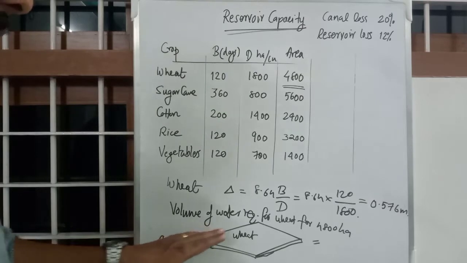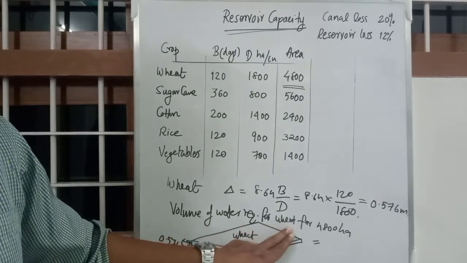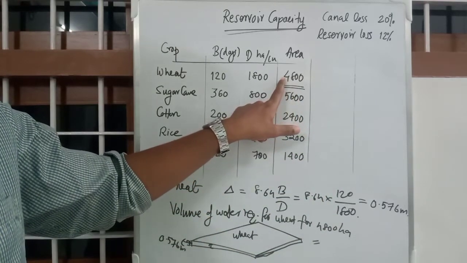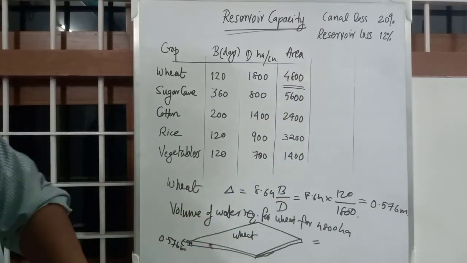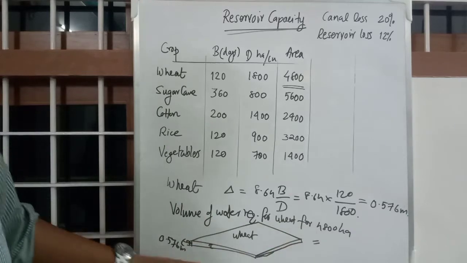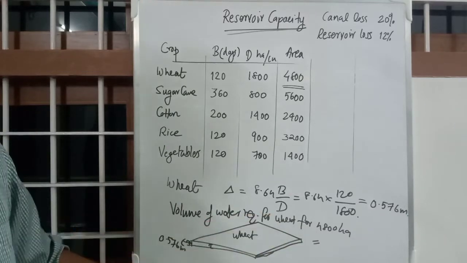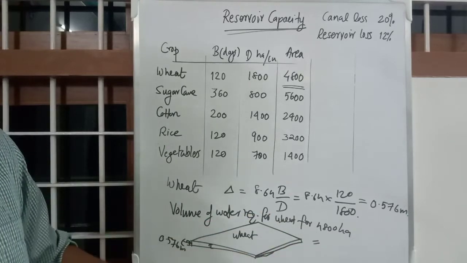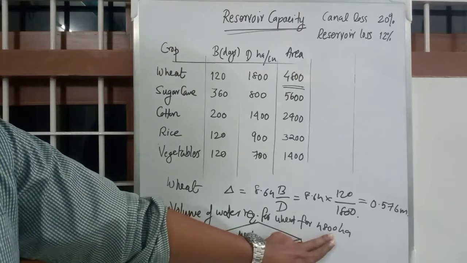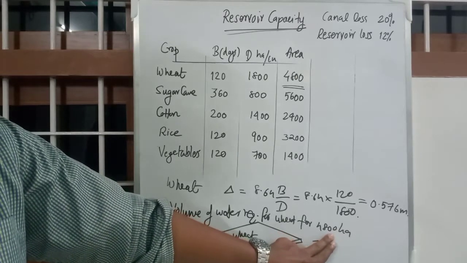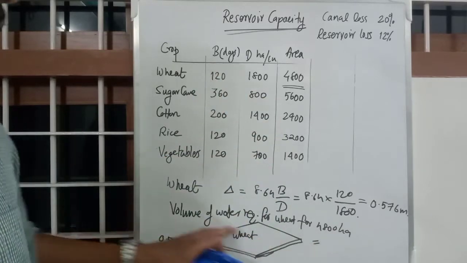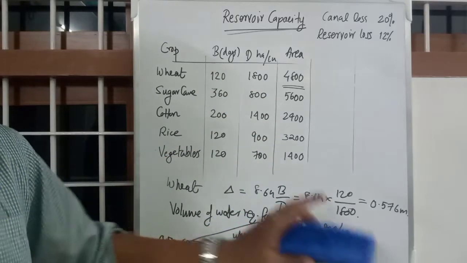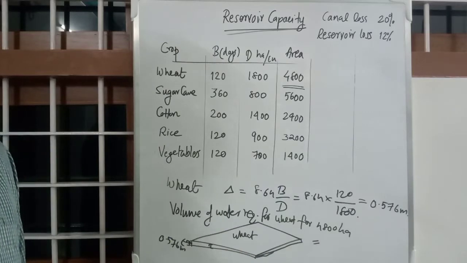The volume of water required for wheat for 4,800 hectares is this: if 0.576 meter height of water is supplied all along 4,800 hectares, you will get the total volume of water required for wheat only. Okay, you get the point.